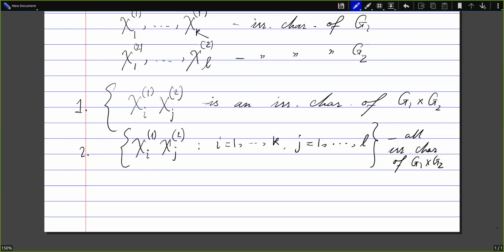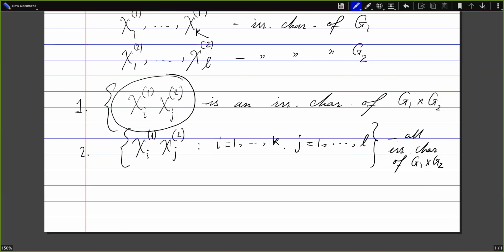We will move to the next page. First of all, in order to show this is an irreducible character, we will prove that it has inner product 1 with itself, if you remember that a character is irreducible if the inner product with itself is 1.